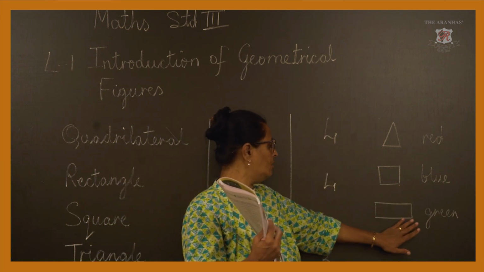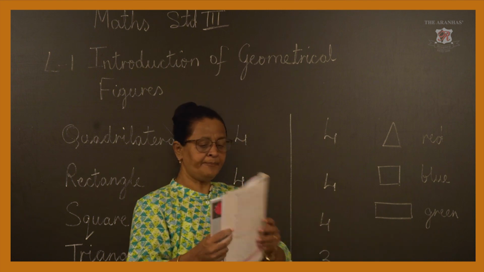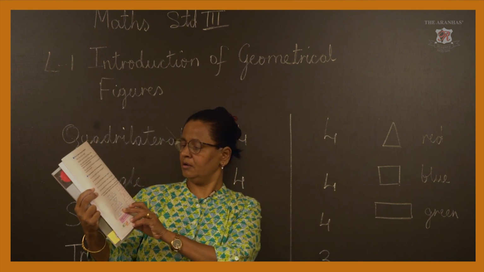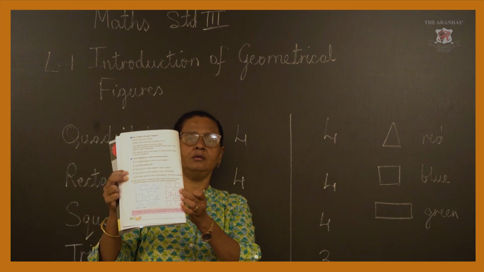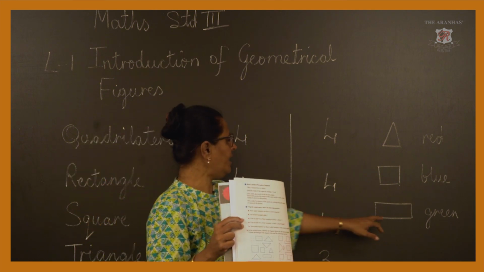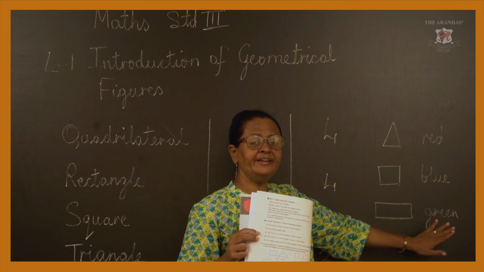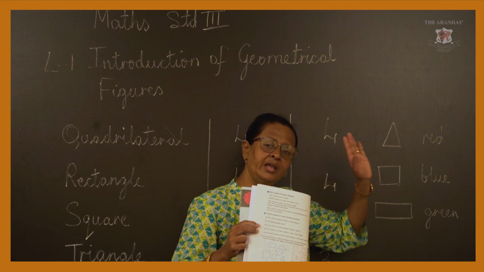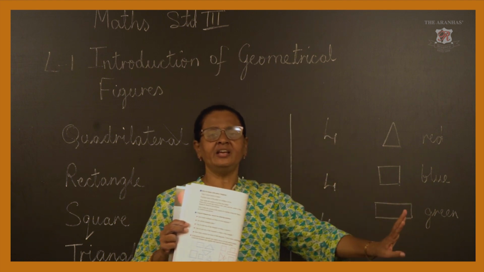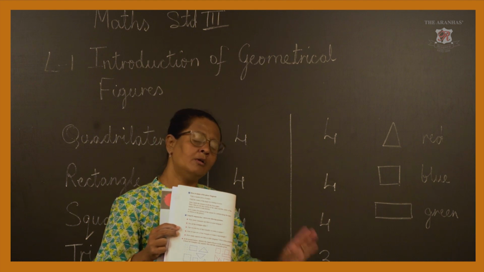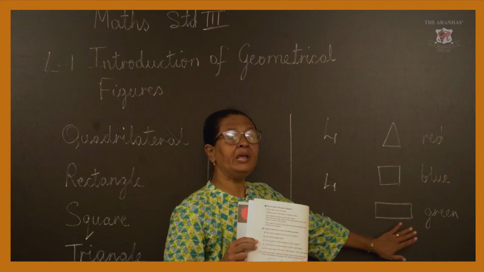And then your rectangle, see your rectangles down here, it should be green. Now again same question, no light green, dark green I don't want, only I want green. It can be light green also if you want, dark green also will do, but it should be green.